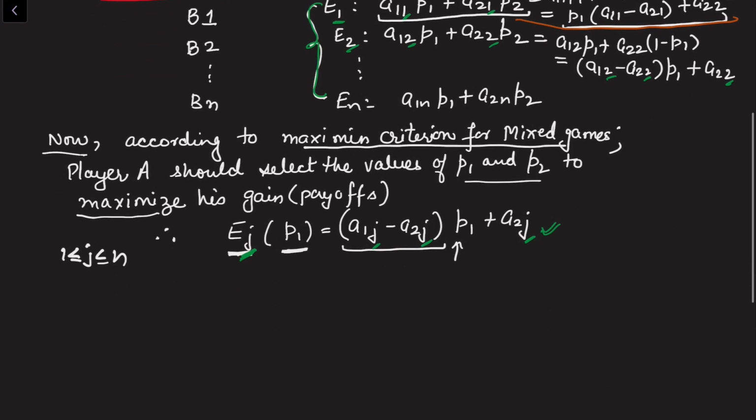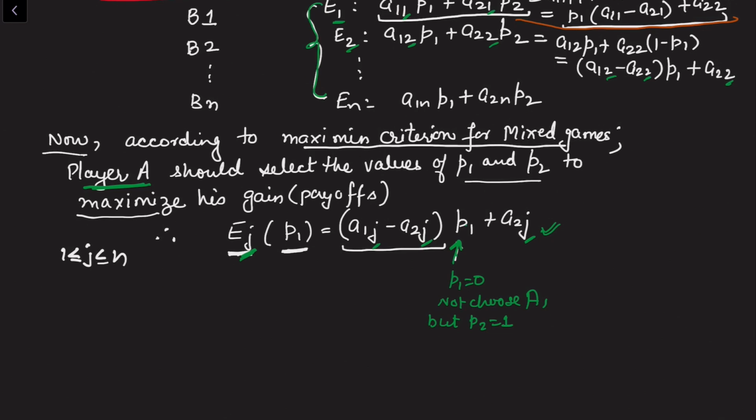EJ. And now in a similar way as we did in the last video, the player A wanted to maximize his gain without the probability. So whenever this P1 quantity is 0, whenever the first strategy is not selected, this automatically means the player A will not choose A1, but will select A2, which means P2 is 1 because the total sum of the probability is 1.